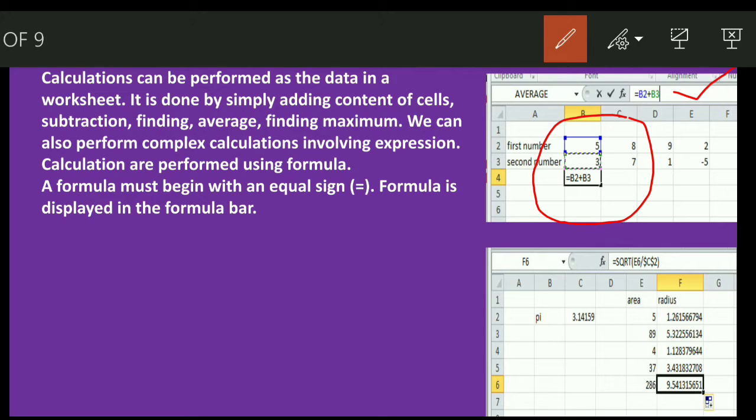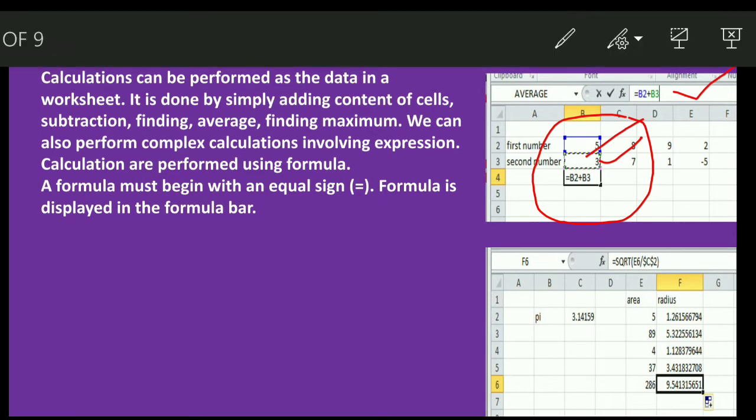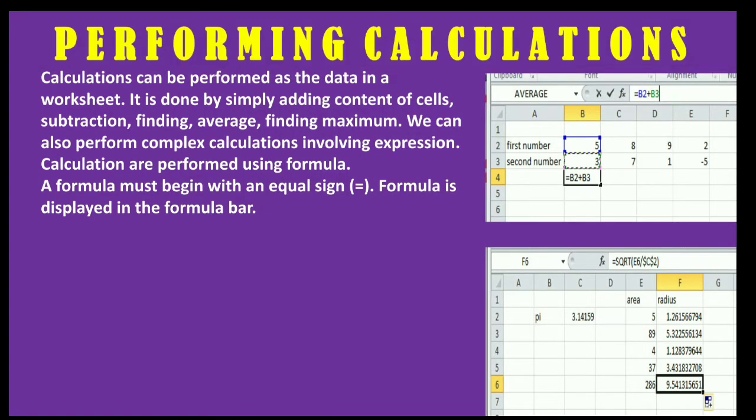That means whatever value is in B2, that is 5, and whatever value is in B3, that is 3, these two numbers will be added and it will give you the output when you press the enter key. A formula must begin with an equal to sign.